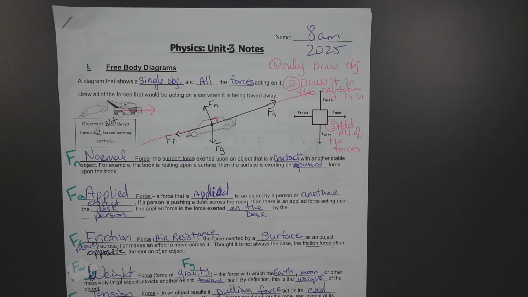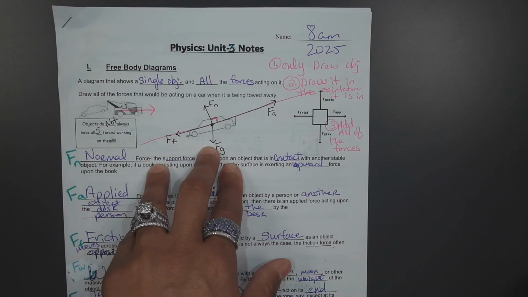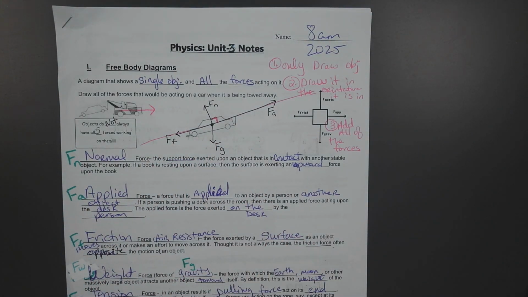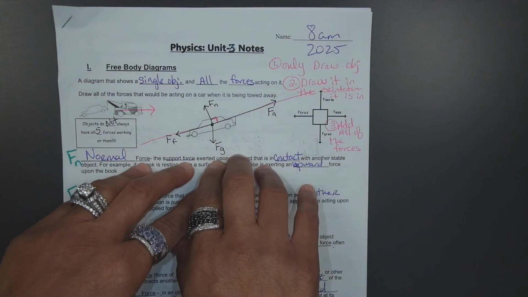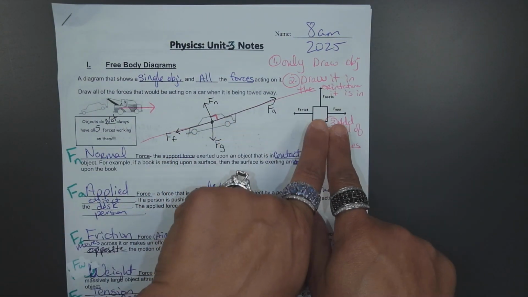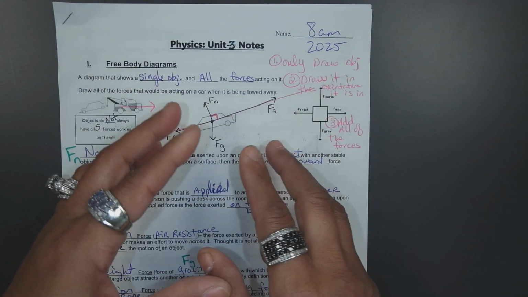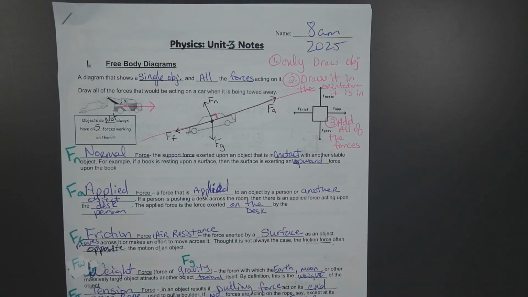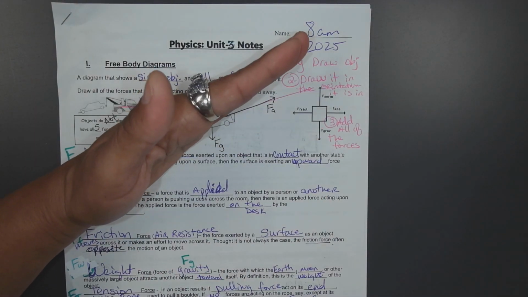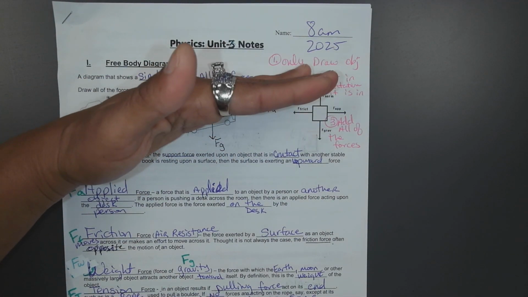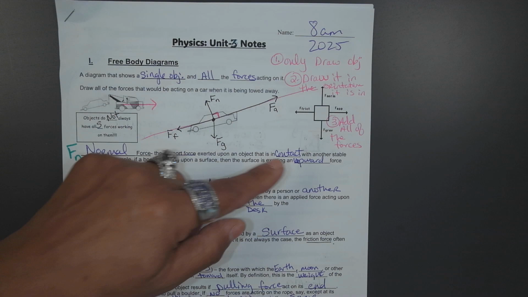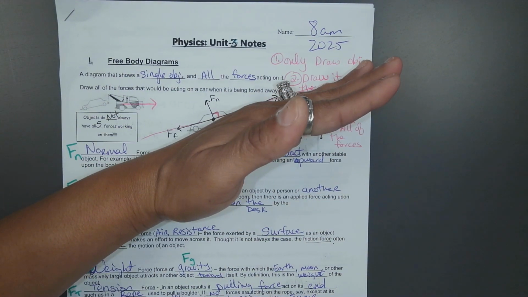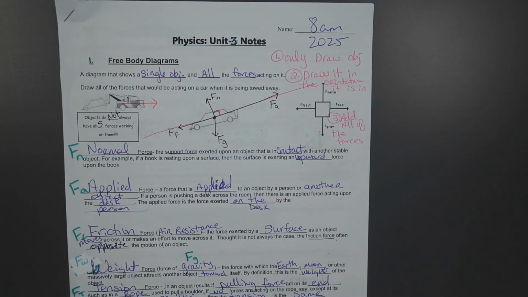We did give an example that if you have a free body diagram of an object, even if it's a tiny little bitty box, you need to draw it in the orientation that the object is in. So if it's hanging at an angle, you draw the box at an angle. If it's flat horizontal, you just draw it flat horizontal.